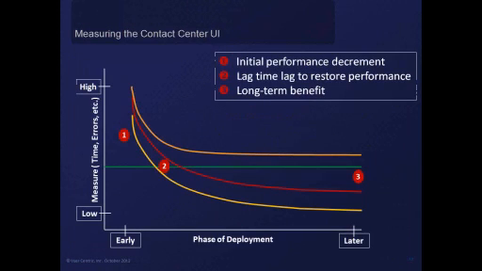So the three different points of the curve that we're looking at: have we affected the learnability of the application, which is really the lag time? Have we affected the initial shock, which is the performance decrement? The easy-to-learn applications are going to decrease the decrement and decrease the time lag.